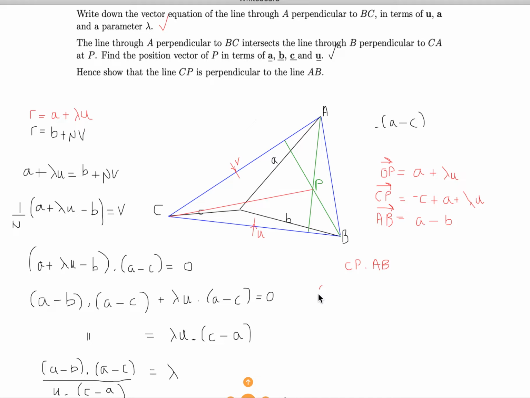If we dot them together, we have minus C plus A plus lambda U dotted with A minus B. And we want to see what that gets.